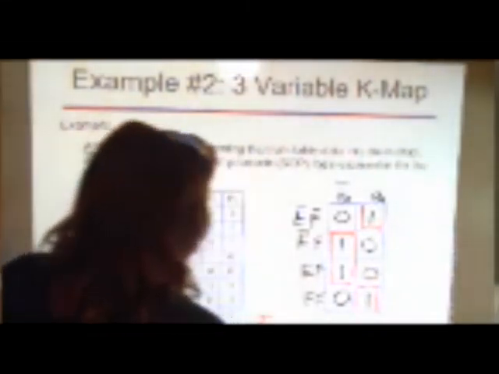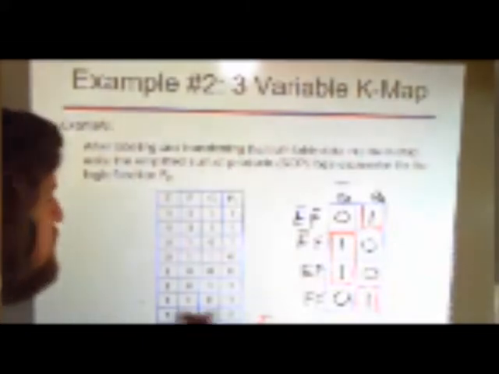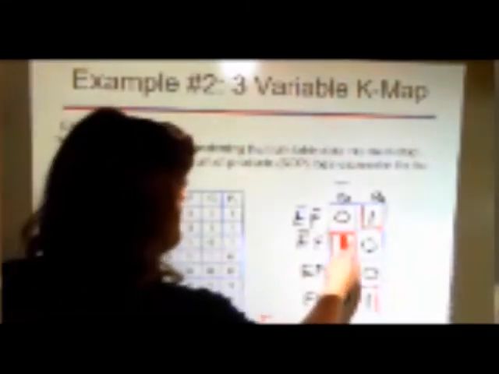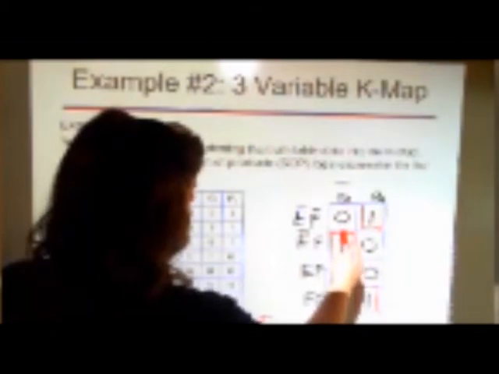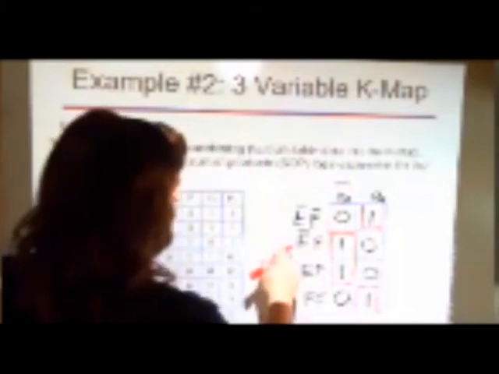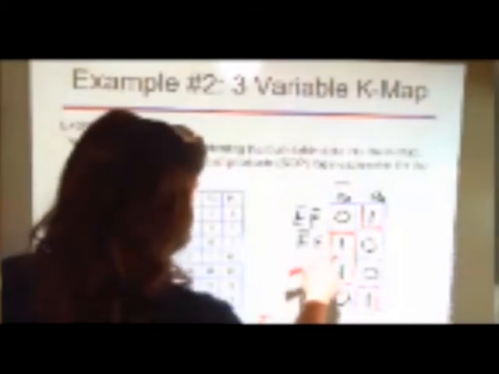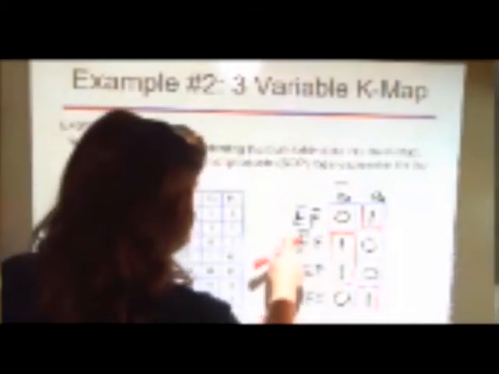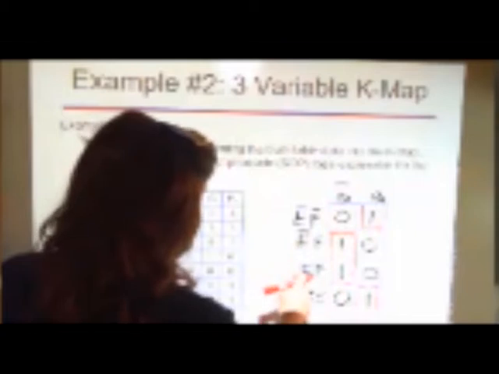To write our logic expression, we'll go to each individual circle and see what it means. Starting with this circling here, I noticed that in both cases, G is a 0. So G naught remains part of that. And over here, F remains a 1, but E changes: it's E naught and E within that.